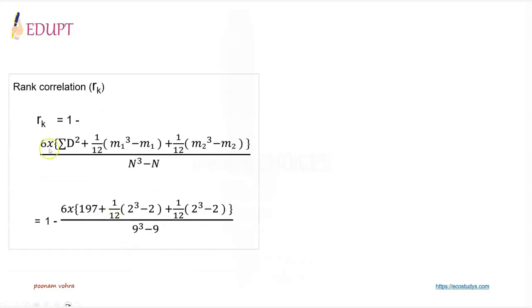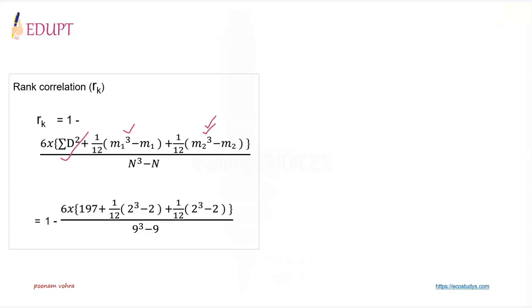Once your table is complete, you need to apply the formula. The formula is different in this case. That is, rank correlation is 1 minus 6 into sigma d square plus 1 by 12 m1 cube minus m1 plus 1 by 12 m2 cube minus m2. D square, you know, is the square of the difference in ranks.